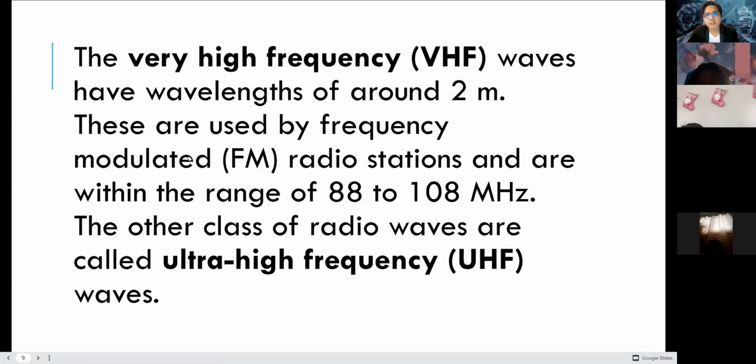Very high frequency or VHF waves have a wavelength of around 2 meters. These are used by FM or frequency modulated radio stations, and are within the range of 88 to 108 megahertz. The other class of radio waves are called ultra high frequency waves.